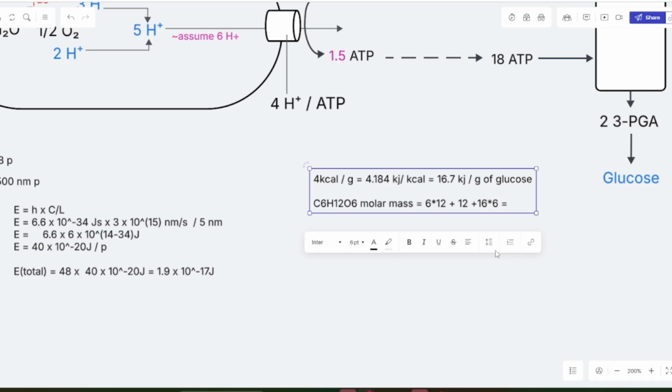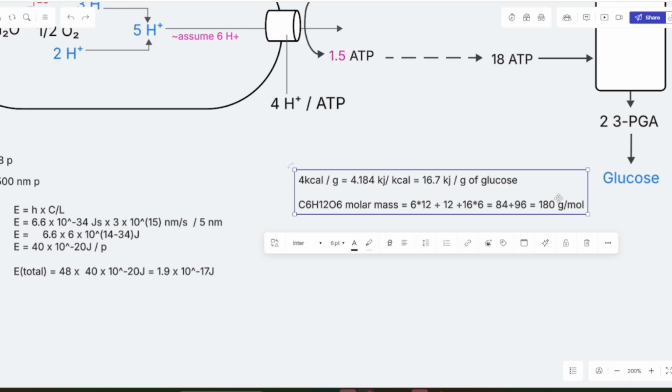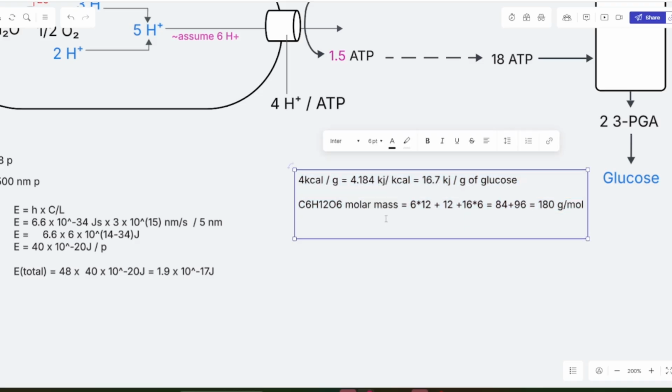So we've got 6 times 12, 72, plus 12, 84, and 96, 84 plus 96. That's basically 100 plus 84, so 184 minus 4 equals 180 grams per mole. Okay, pretty easy to calculate that, if you know a little bit of the molar masses by heart, which you kind of end up knowing if you're doing a fair bit of biology and chemical calculations.